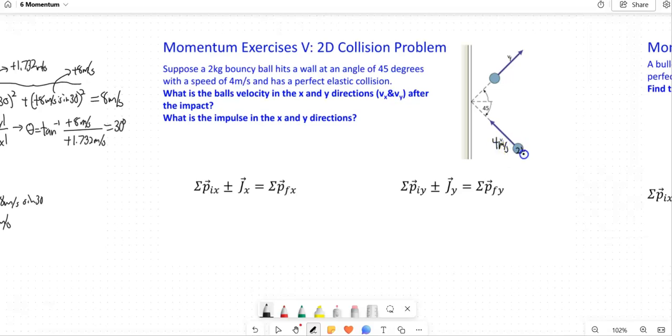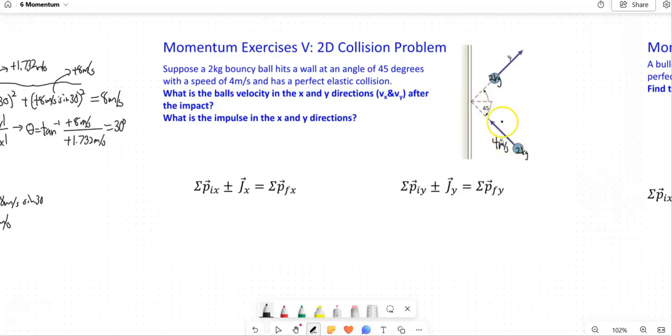It's going to hit a wall, and it's going to bounce with a perfectly elastic collision. Well, if it's a perfect elastic collision, and there's only one object, the speed is really not going to change. It's just going to be the directions of some of those velocity vectors.